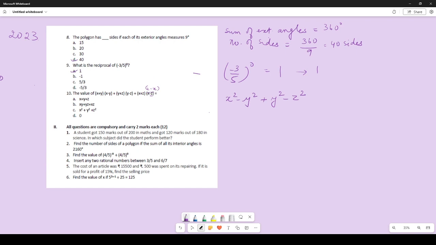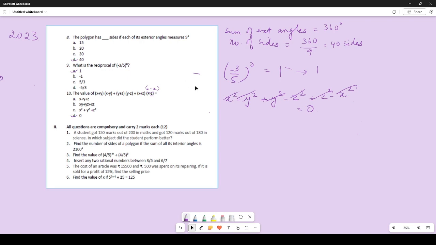Z plus x into z minus x will be plus z square minus x square. So if you look at them, all of them keep on getting cancelled. Plus x square, and here we have minus x square, plus y square minus y square, plus z square minus z square. So the answer remains 0. So that will be your correct option.